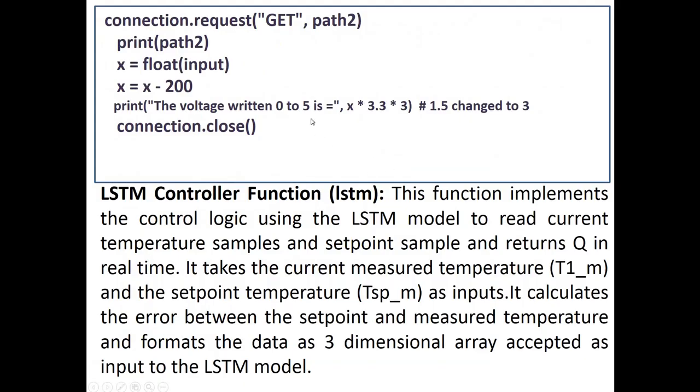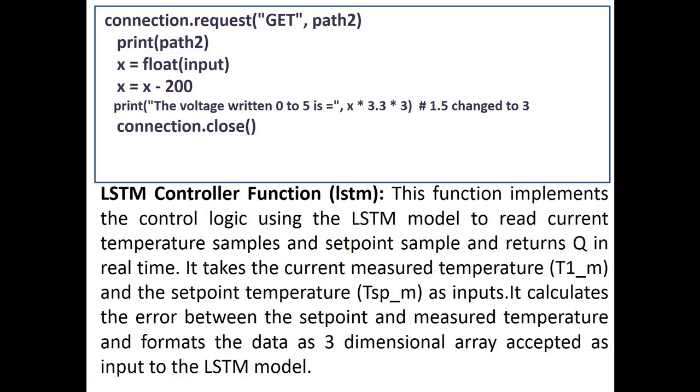So to execute any HTTP command from Python, or from anywhere, you need to execute a GET command. That's what it is. And the LSTM controller function implements a control logic using the LSTM model to read current temperature samples and set point samples.